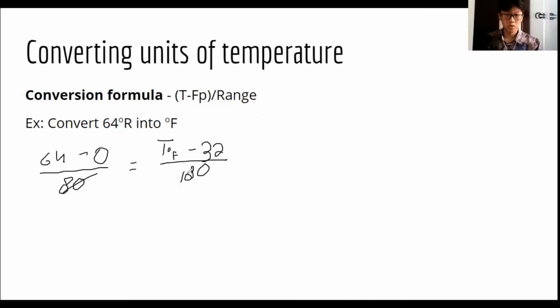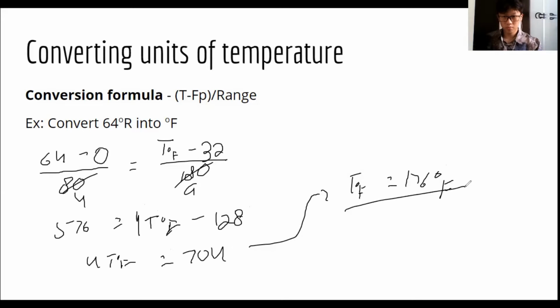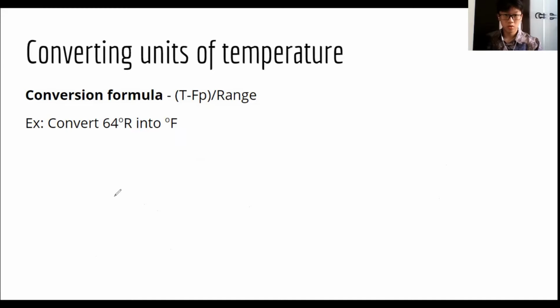Here we can cancel, dividing by 20, 4 and 9. So we cross multiply. So the temperature will be 176 degrees Fahrenheit. So yeah, that's it. Pretty simple. It should be clear. Let's move on.